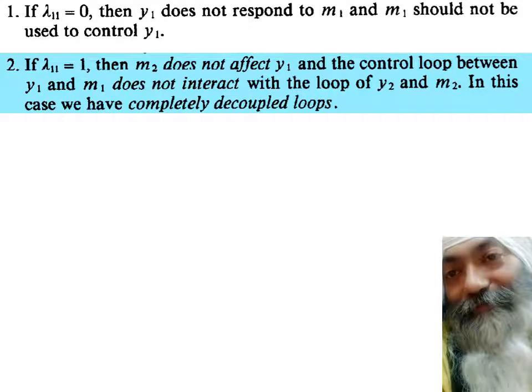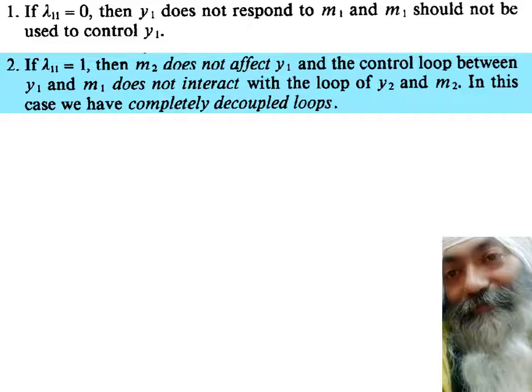Just the extreme opposite of that is that this relative gain is equal to 1. It means that whatsoever is m2, it is not affecting y1. There is no indirect effect. And therefore, all we have is the direct effect. And in that case, we say the two loops are totally decoupled.